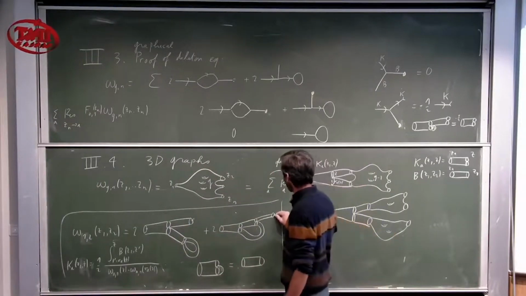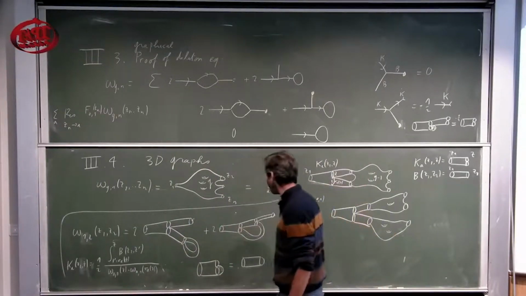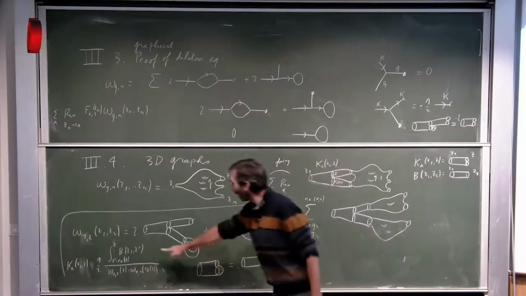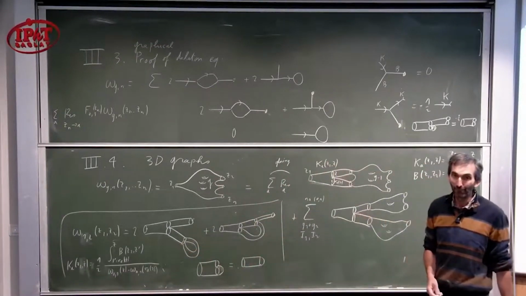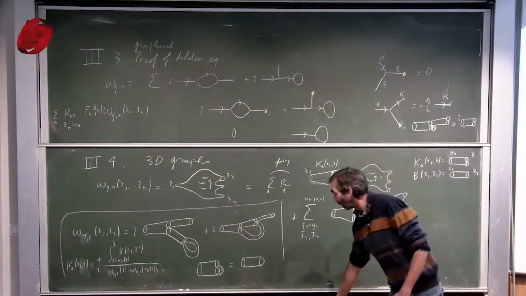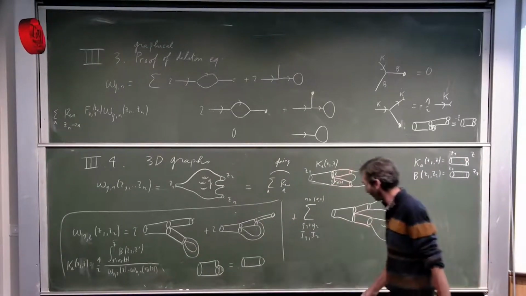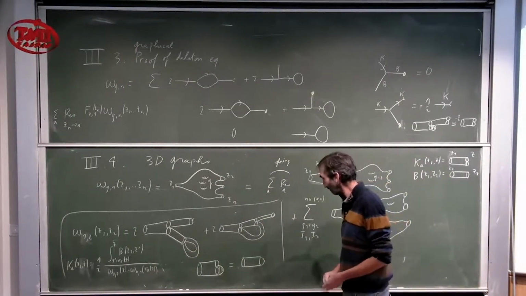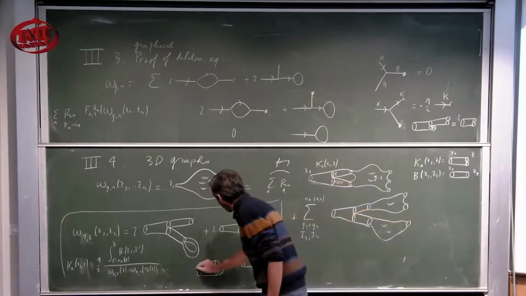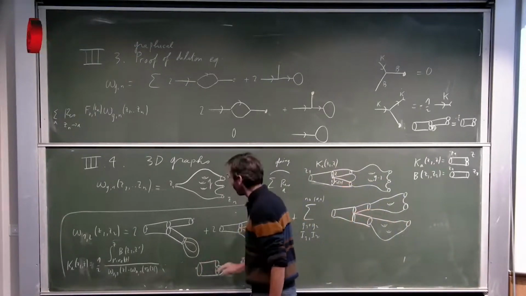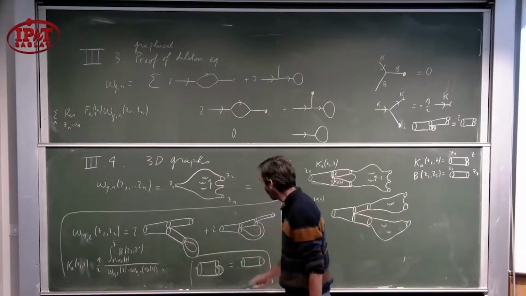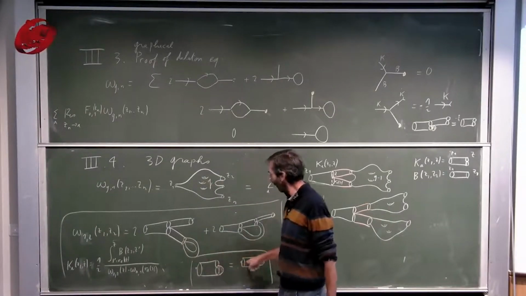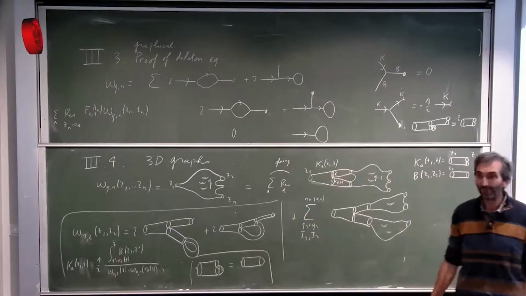But everything should have marked points, and taking the integral means forgetting the marked points. That's what it means. Okay, so the pictorial representation of the definition of K is somehow this formula, meaning that when you glue a disk to K, you should recover a cylinder.